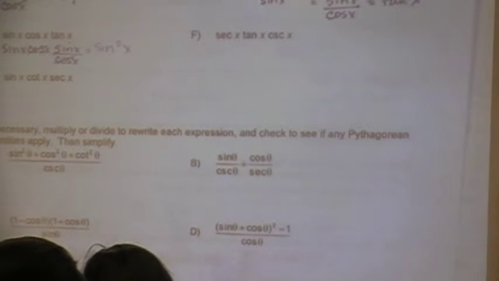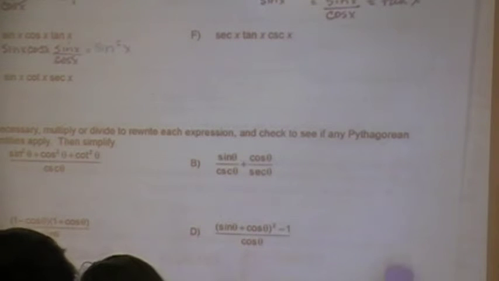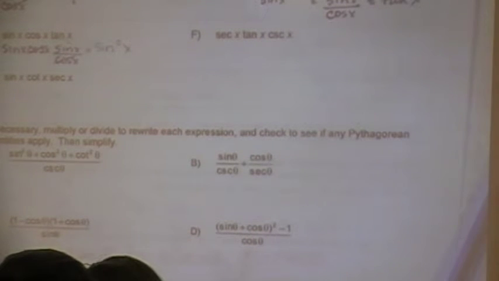Now I have sine x times sine x, sine x squared. The squared goes after the ratio and before the argument. So it's sine squared x. Everybody good? Okay, so you do F and G. Do F and G.